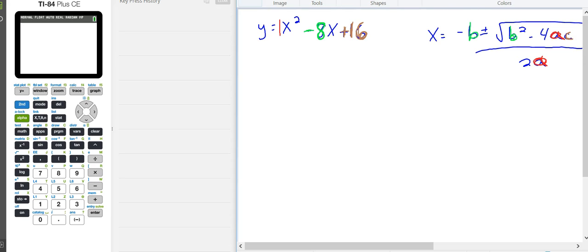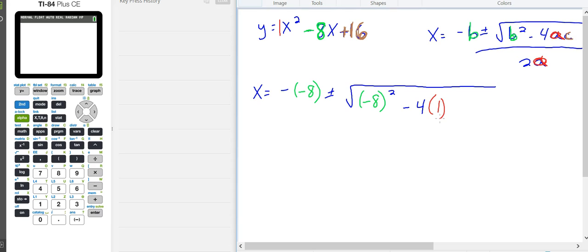So let's do that. X is equal to negative b, which in this case is negative 8, plus or minus the square root of b, which is negative 8, squared, minus 4 times a, which in this case is 1, times c, which in this case is positive 16.